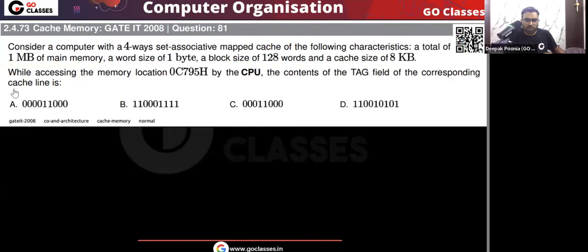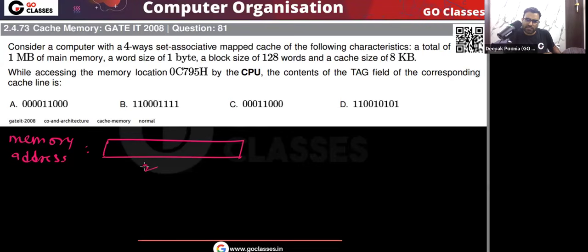So from this paragraph, we already know that the physical address, the memory address, we can divide into 3 parts. The memory address has a total of 20 bits. This we have already solved. From this paragraph, we have already found that for the memory address, we need 20 bits.